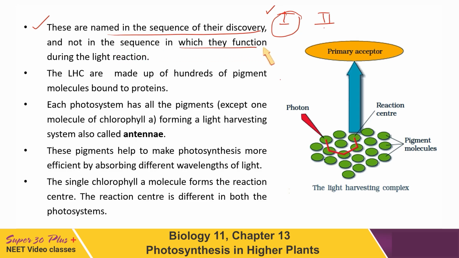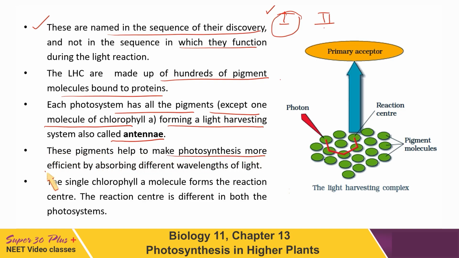Light harvesting complexes are made up of hundreds of pigment molecules bound to protein. Each photosystem has all pigments except one molecule of chlorophyll, which makes the antennae of this. These pigments help to make photosynthesis more efficient by absorbing different wavelengths of light.